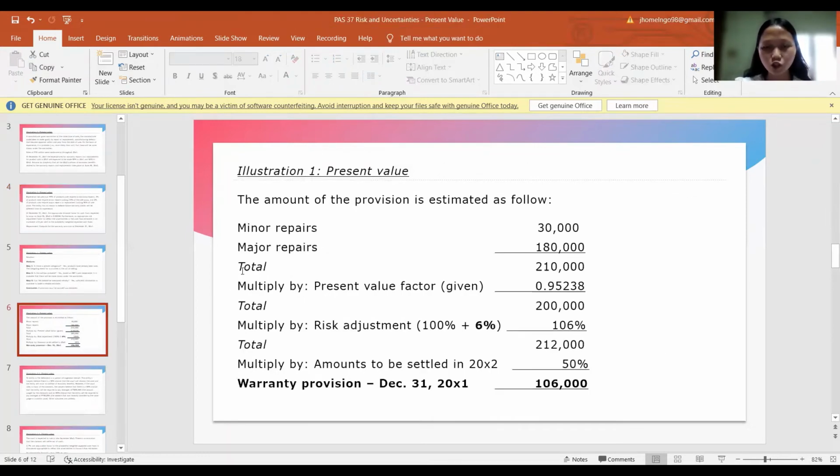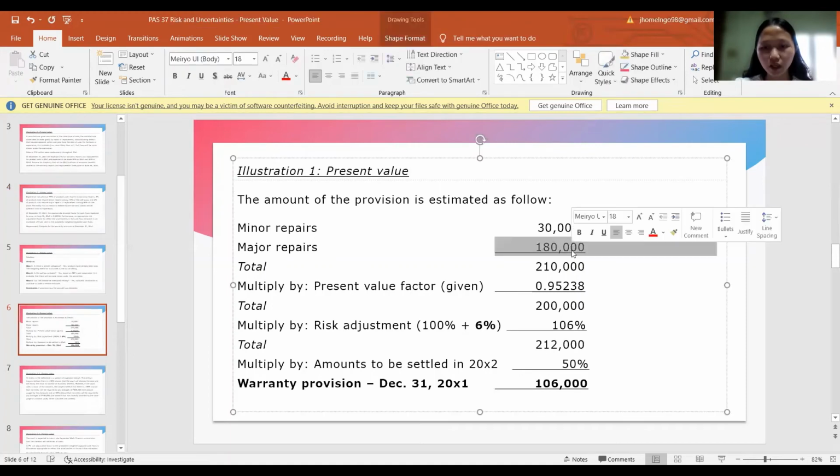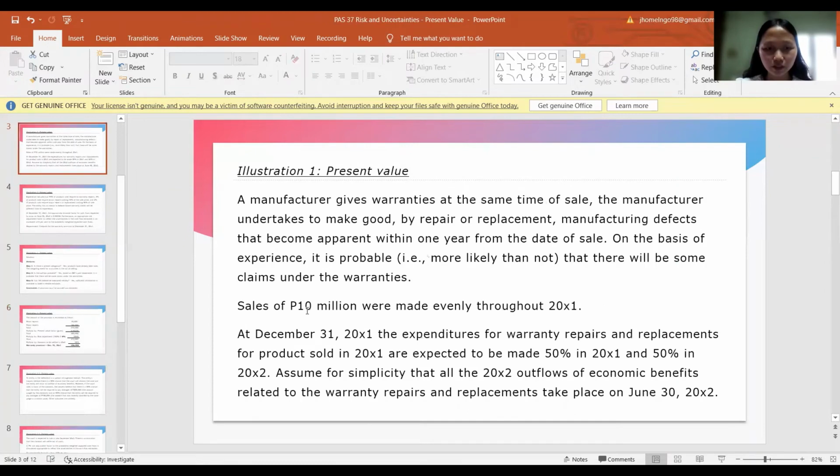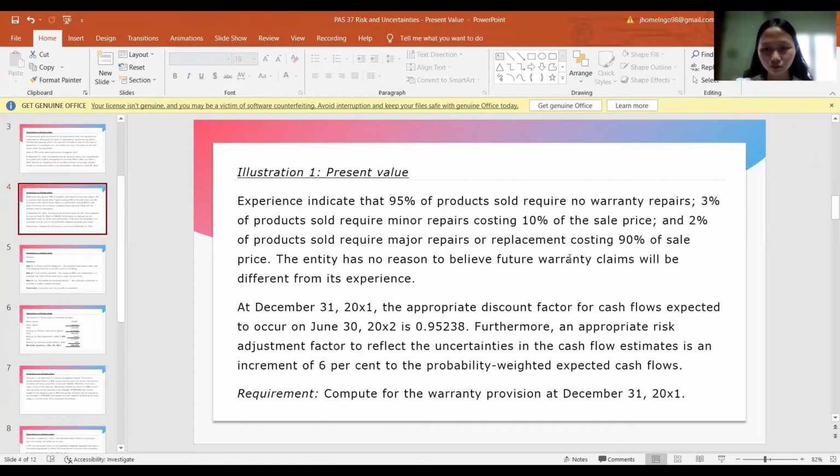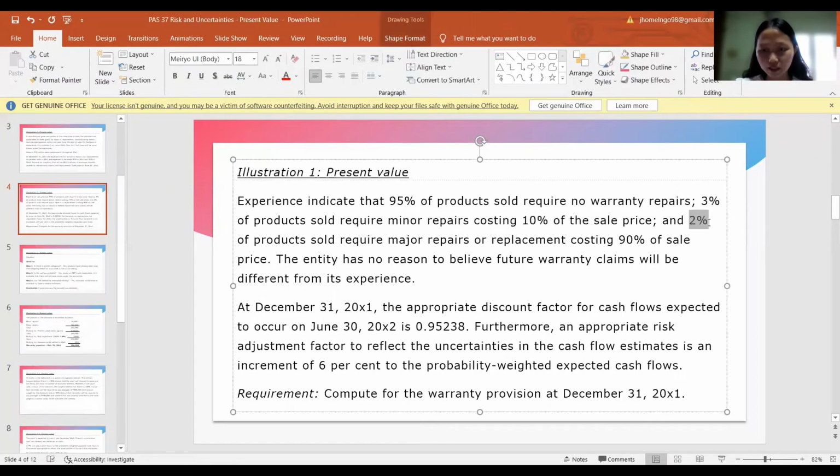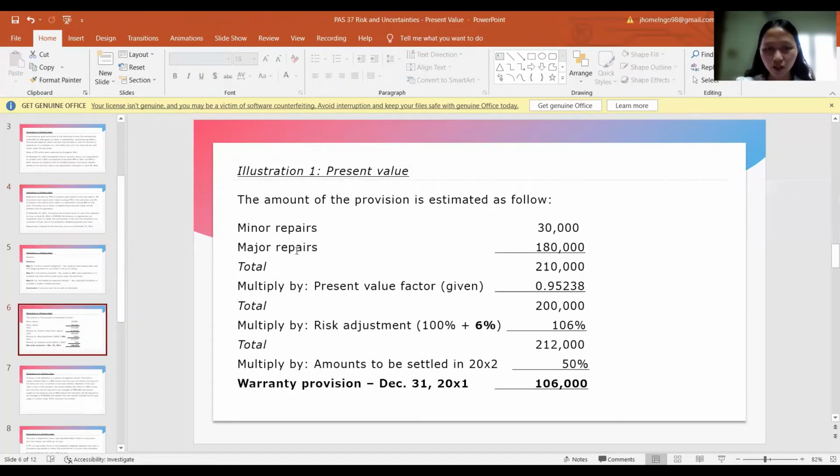The major repairs is 180,000. 180,000 is computed as 10 million times 2% times 90% of sale price. So 30,000 plus 180,000 totals 210,000, multiplied by the present value factor, which is already given, 0.95238.